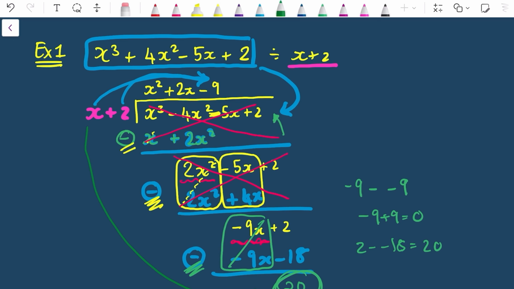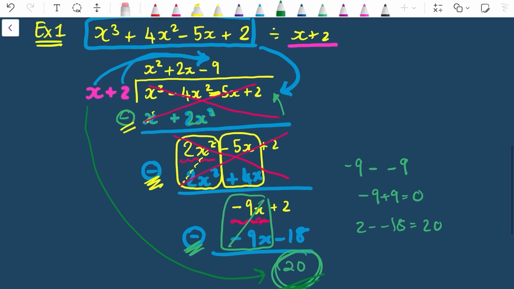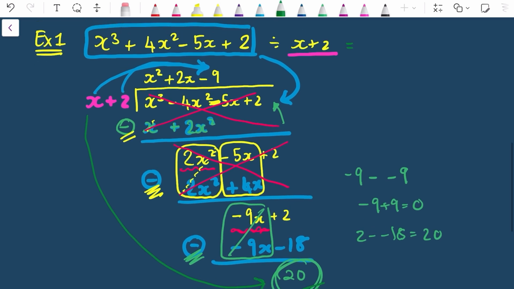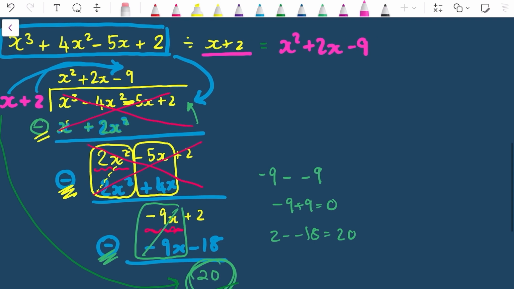Once you have your final answer, you'll be able to see that. Okay, so I can say that my answer to x cubed plus 4x squared minus 5x plus 2 divided by x plus 2 is going to be x squared plus 2x minus 9. And I have this remainder, which is 20.